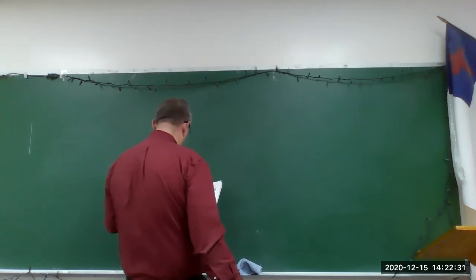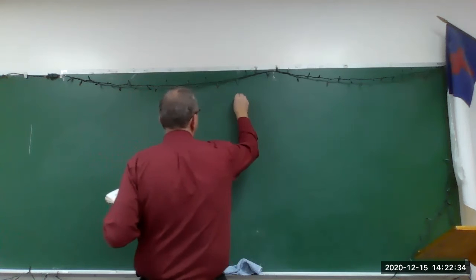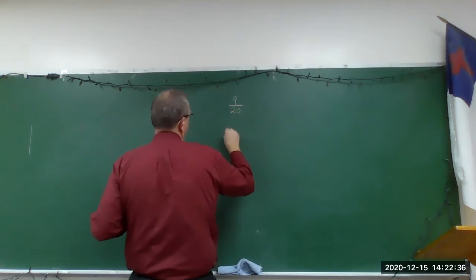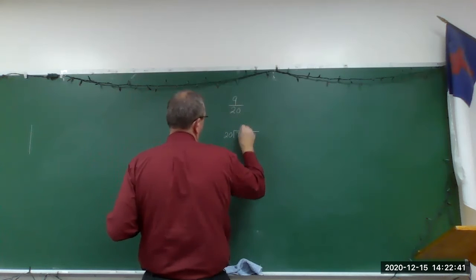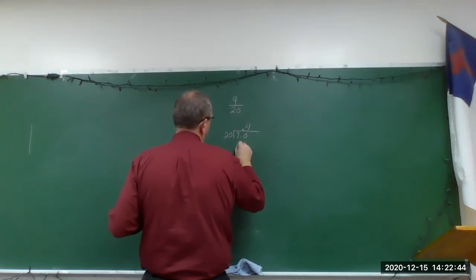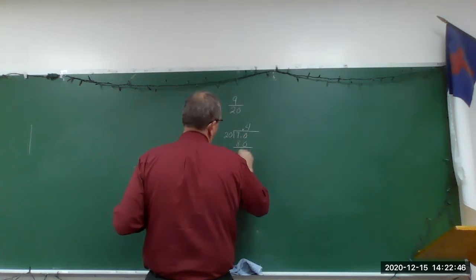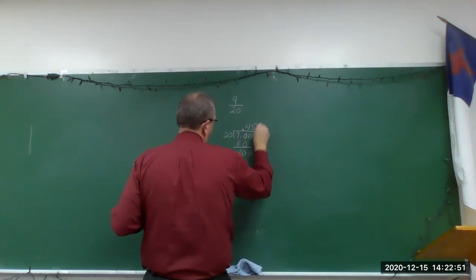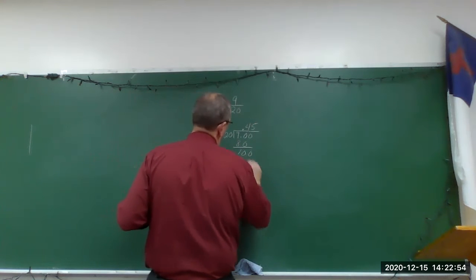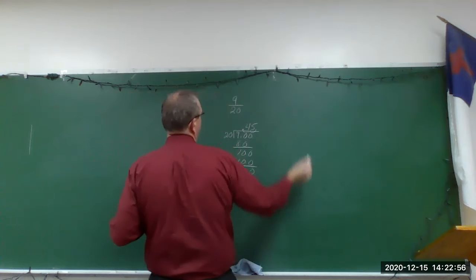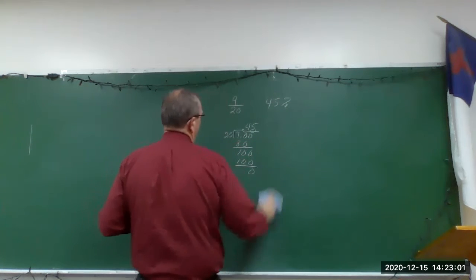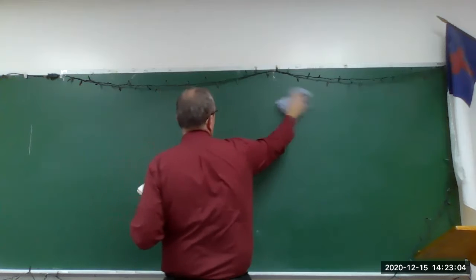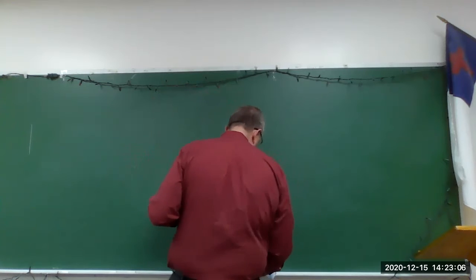Let's run through some more. 9/20. Again, 20 goes into 9, 0.4 times, 80, 100, add a 0, 0 there, that's 500, 0, move the decimal place 2 places, and you have 45%. Okay? Now, that is how you should do the rest of these.